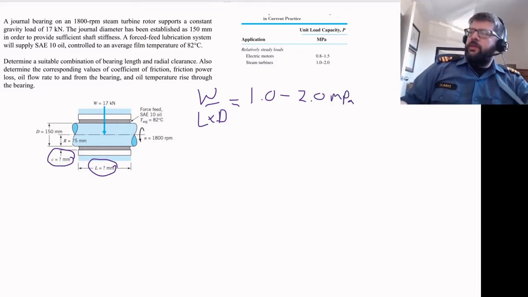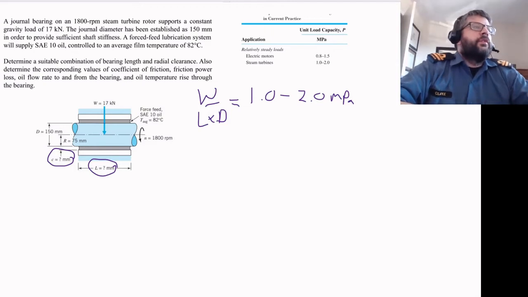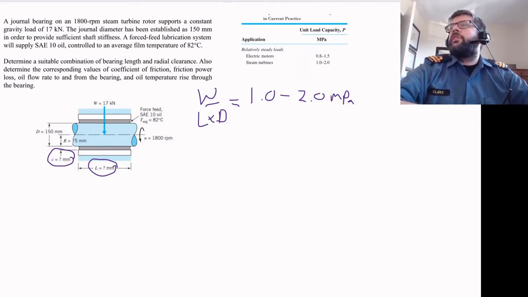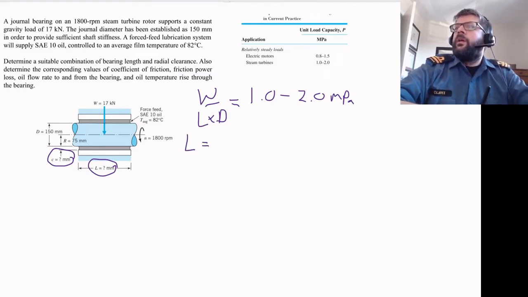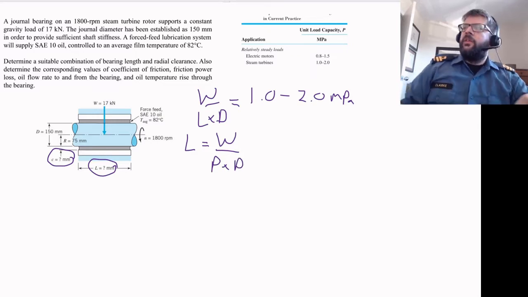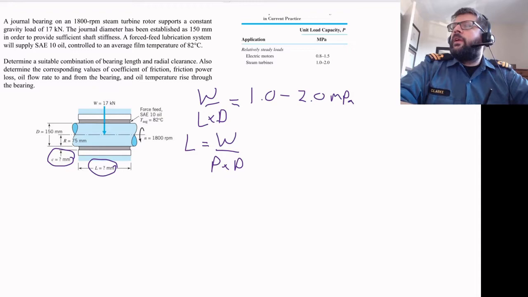Well, let's just solve for L for those two conditions. L is going to be equal to W divided by P times D. Let's do this for the 1 megapascal one.